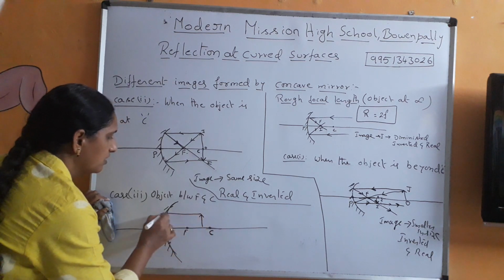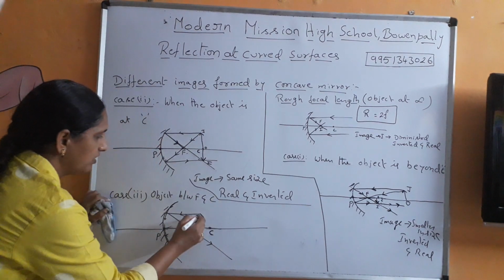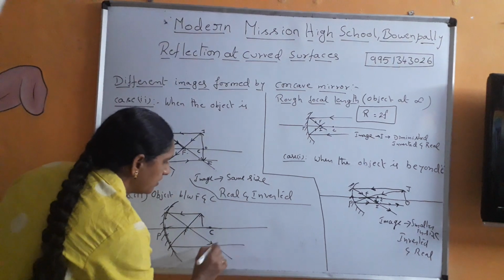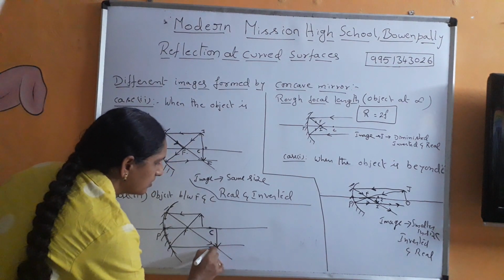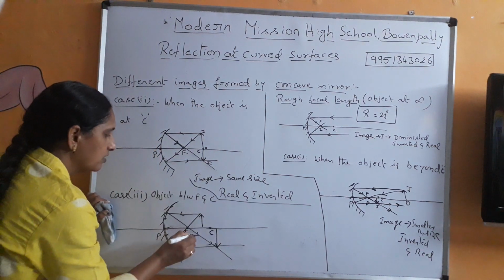This is the incident ray. Let the ray go like this. Now this like this. And somewhere here the image is formed.